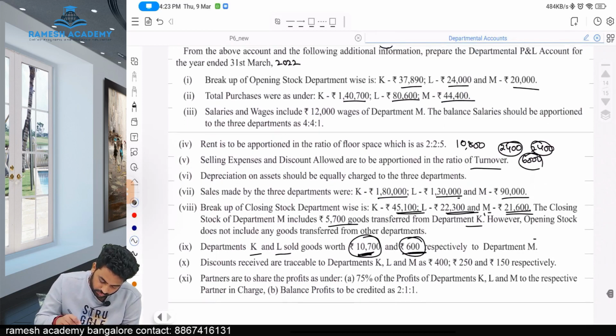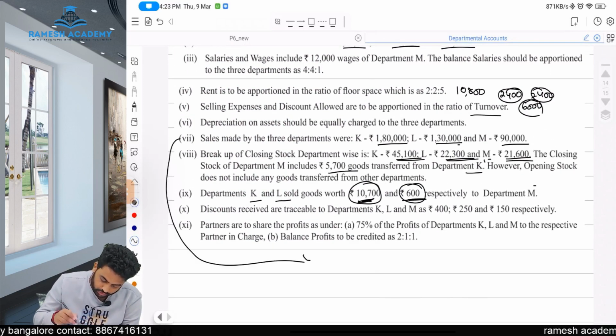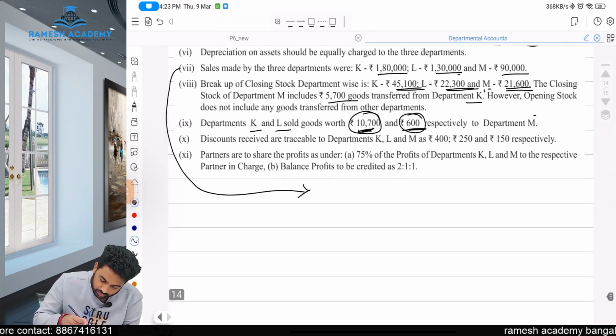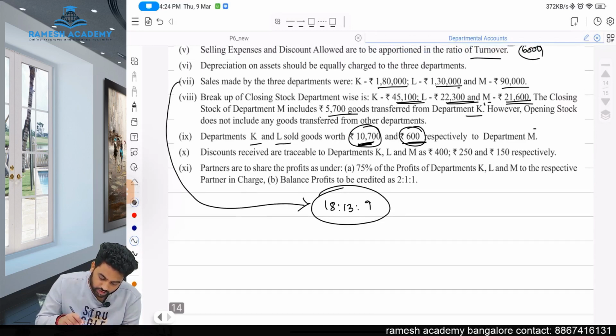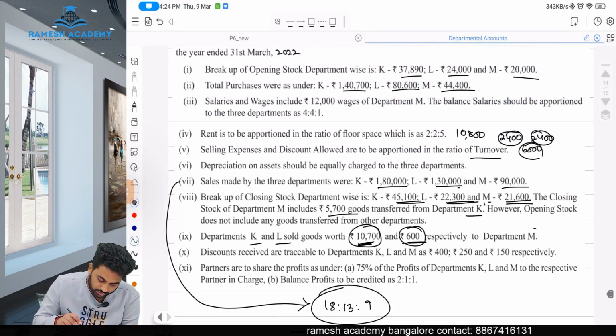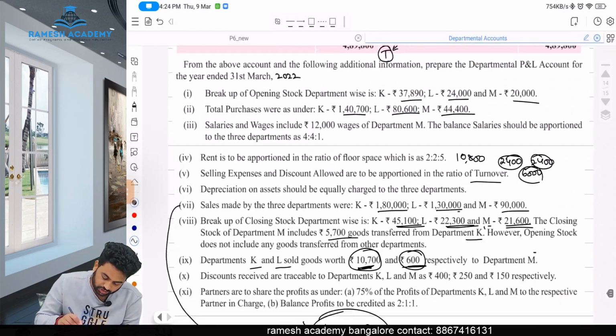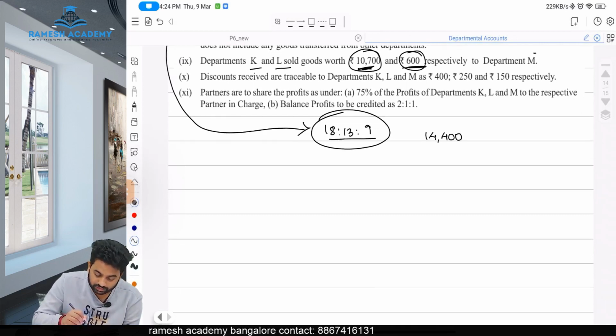Here it is: 18:13:9. Selling expense should be apportioned on that ratio. Selling expense is 14,400 in the ratio of 18:13:9, so the total is 40.